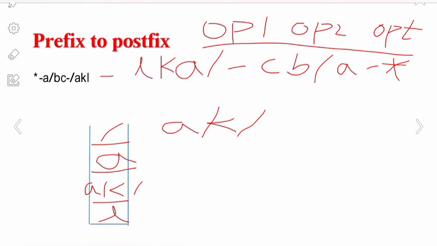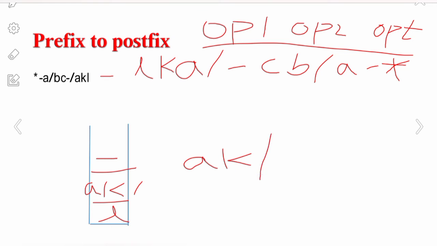Next we go to the subtraction operation, minus. We are going to solve this by using the formula. That will become AK division L minus, right?